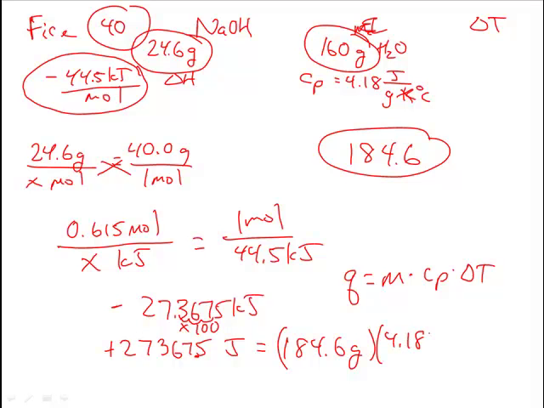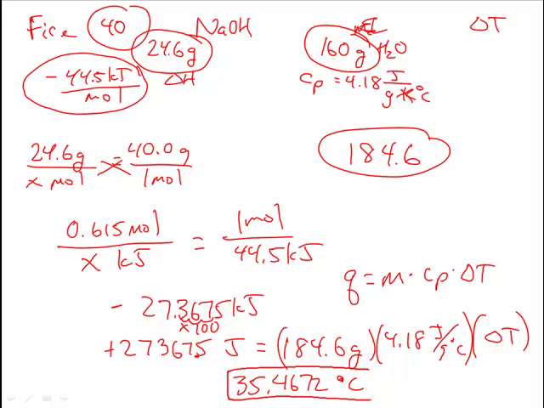This is 4.18 joules per gram degree Celsius, and the delta T is what you don't know. So then you just solve for the delta T, divide by 184.6, divide by 4.184, and this gives you 35.4672 degrees Celsius. So that is how to go about a problem like that.